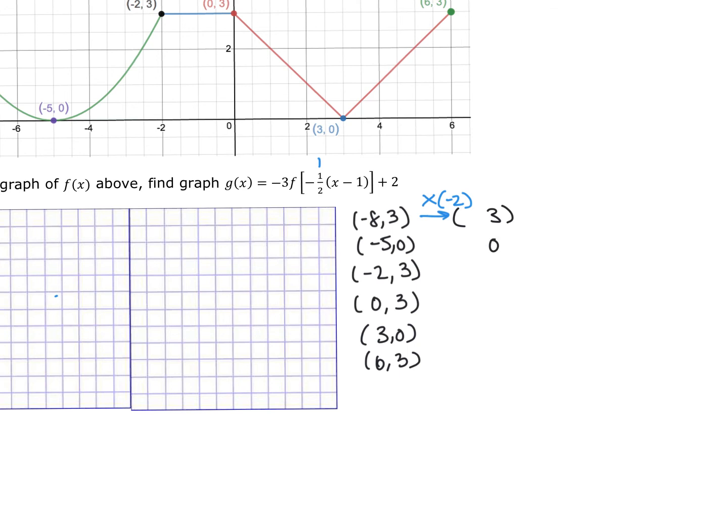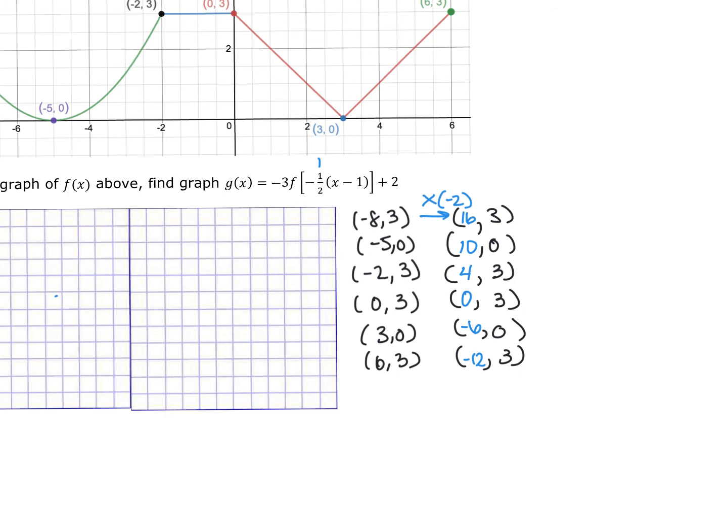So 3, 0, 3, 3, 0, 3. And then I'm going to put in all my x's by multiplying by -2. So this becomes 16, this becomes 10, this becomes 4, 0, -6, and -12.